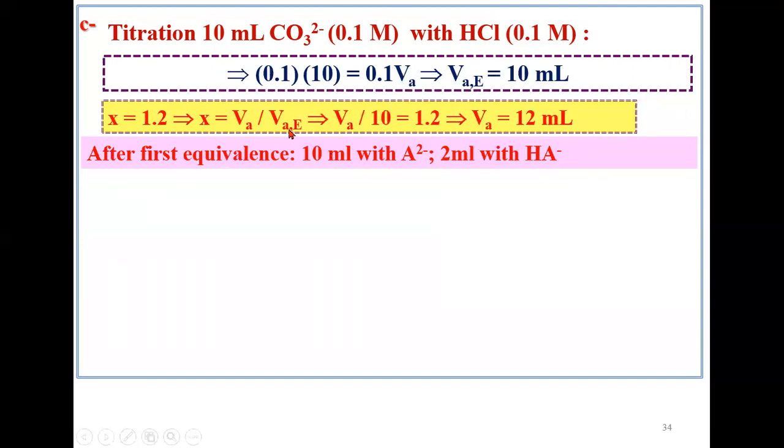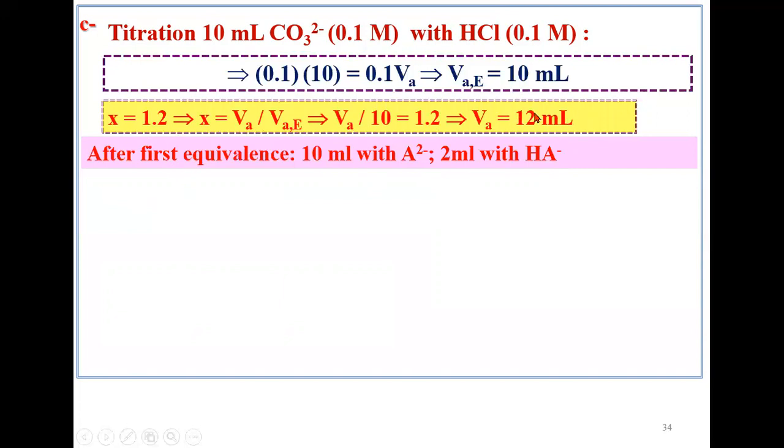Now, where did we get this? We converted the X, the 1.2, we saw how much volume of acid was added whenever we have that X value. So if X equals V acid divided by V acid at equivalence, we have the V acid at equivalence, find the total volume of acid added.